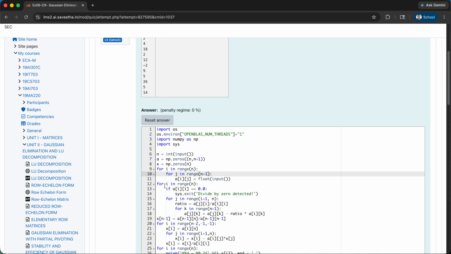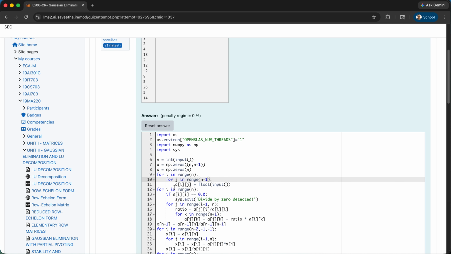Thereafter, you check whether the diagonal elements are 0. Why? Because you always divide the whole row by the diagonal element, that is, mostly the leading one is divided by the diagonal element, so it should not be equal to 0.